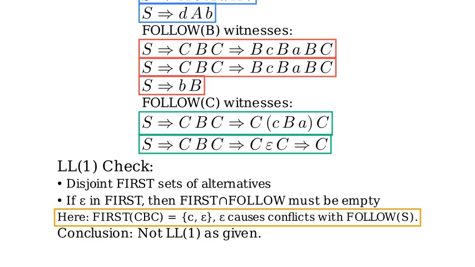That epsilon forces us to merge first of C B C with follow of S. In addition, the rule S arrow A c A A B begins with capital A whose first is unknown and may overlap with other alternatives. Therefore, as written, this grammar is not suitable for direct LL(1) parsing. It would require refactoring such as left factoring and eliminating epsilon ambiguities or providing a precise definition for capital A.